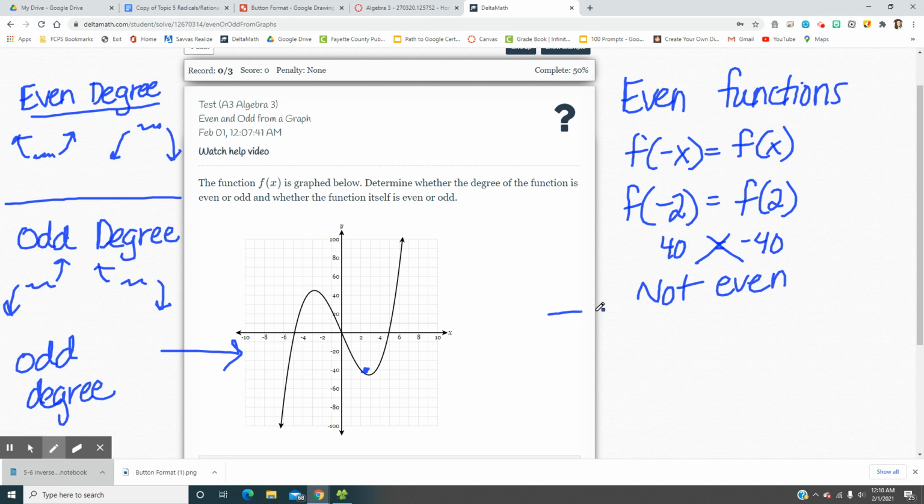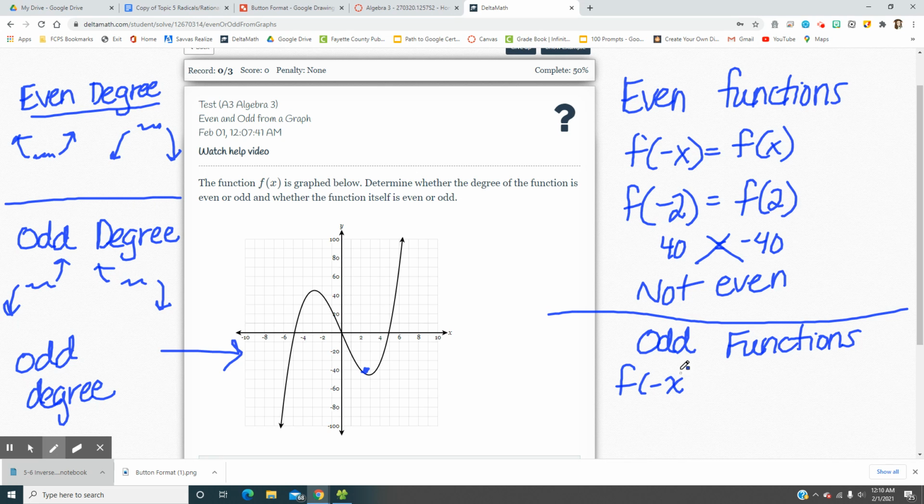Okay? Maybe it's odd. For odd functions, f of negative x is equal to the opposite of f of x. So for this, if I use 2 again, f of negative 2 would be equal to the negative f of positive 2. So let's see what happens.